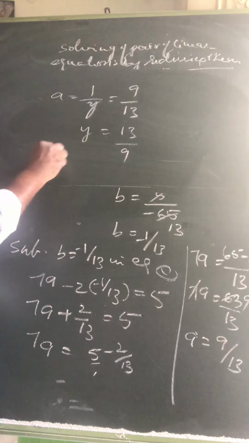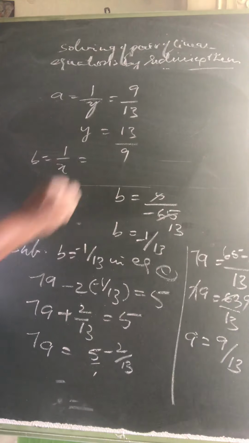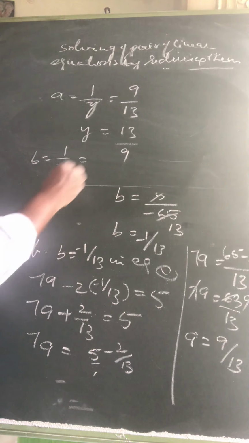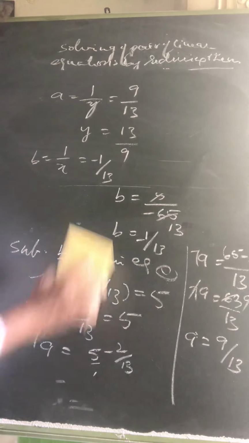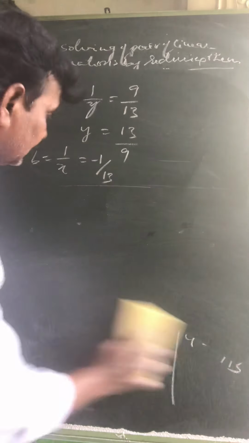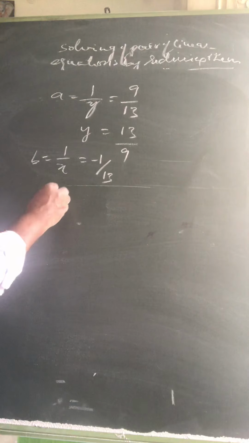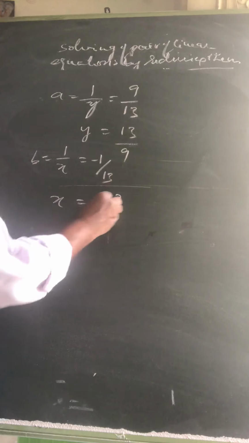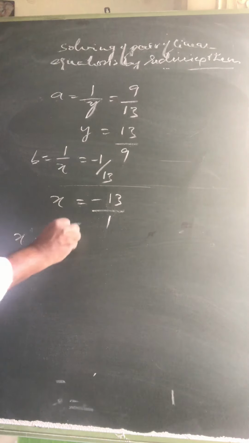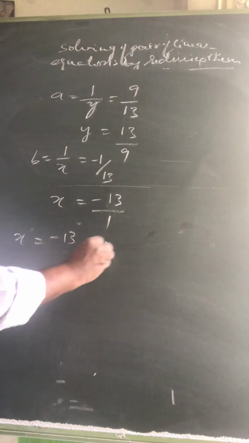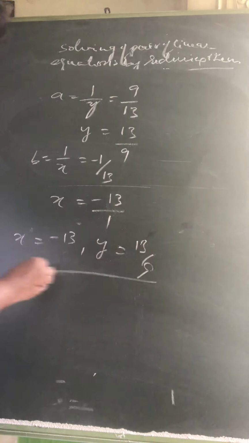And b is 1 by x, which is minus 1 by 13, then x is equal to minus 13 by 1. So x is equal to minus 13 and y is equal to 13 by 9.